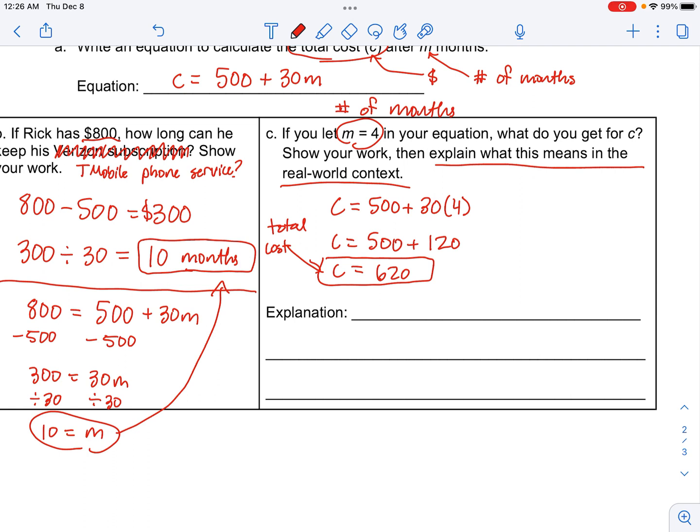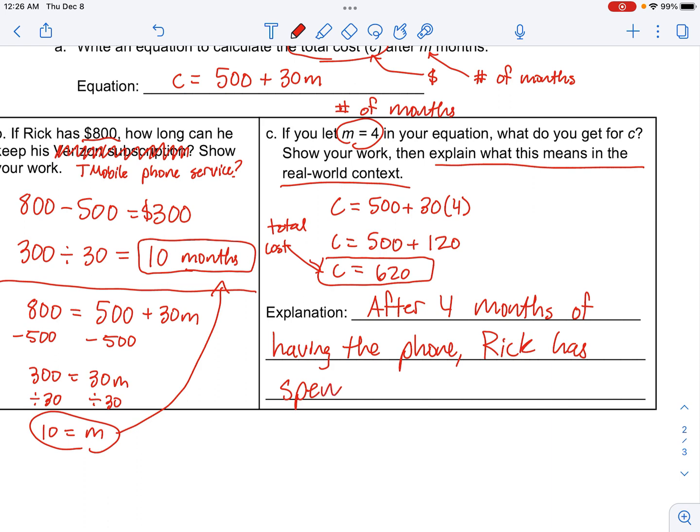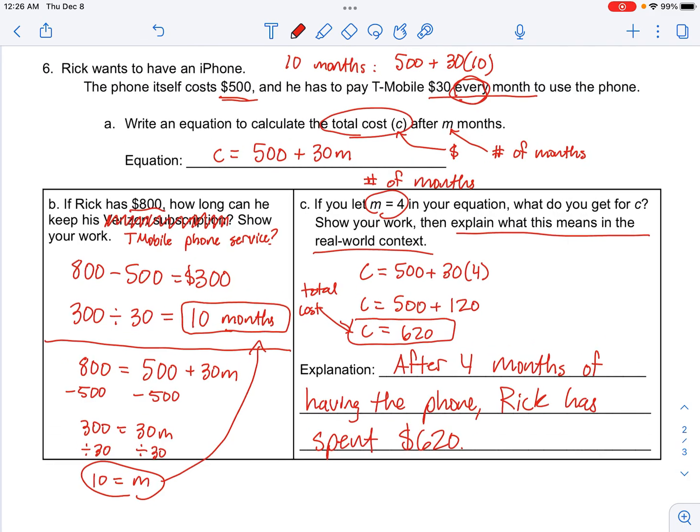So that means that after 4 months of having the phone, Rick has spent $620 on the phone plus the phone service. All right, so that's those questions.